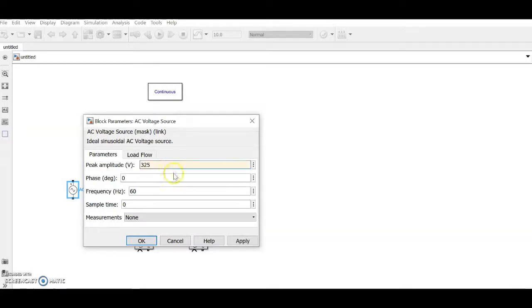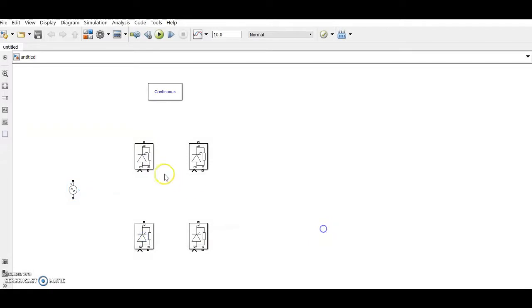So let it be 325 and let it be 50 hertz AC. This anode to cathode and this anode to cathode we have to short, and we'll give supply to this and this, into the negative side.